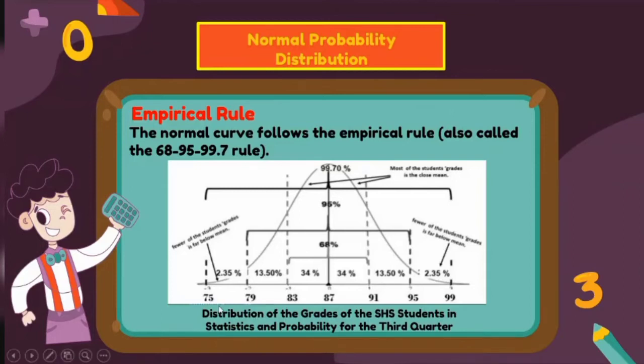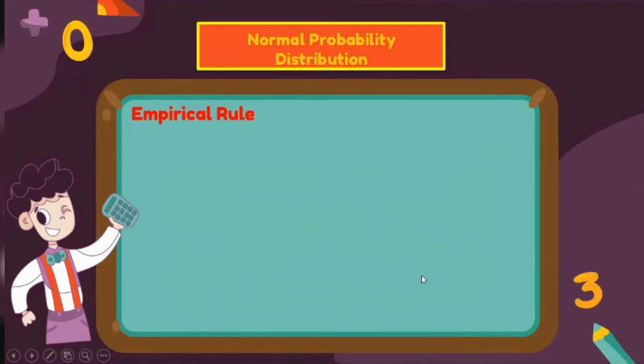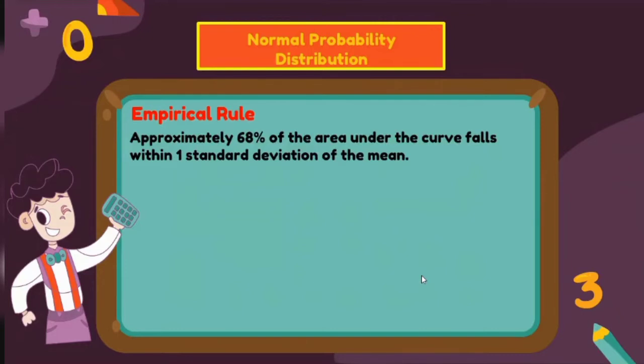Next, 75 to 79 is 2.35%, and 95 to 99 is also 2.35% of our scores or data. So approximately 68% of the area under the curve falls within one standard deviation from the mean. We will go back to the illustrations later.